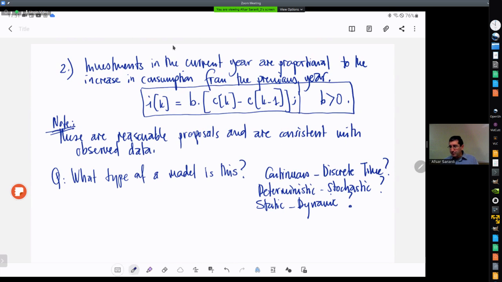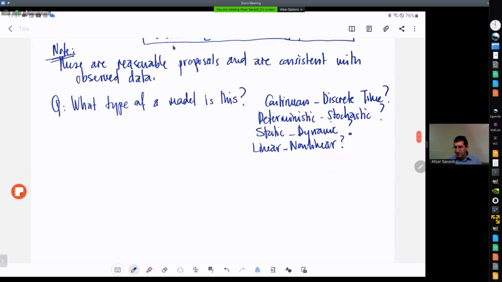Is it linear or nonlinear? Well, think about that. Is there any nonlinearity involved? Maybe we will be more confident when we derive the final set of equations.